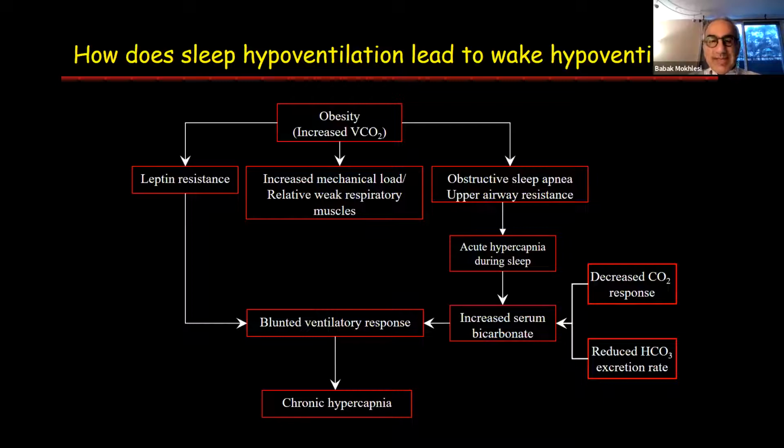But when they gave it intranasally, where you can directly go into the CNS, they showed that there was evidence of improvement in ventilation, suggesting that perhaps one of the problems is that leptin is there, but it just doesn't cross the blood-brain barrier. It doesn't get into the CSF. And that's one of the working hypotheses here.